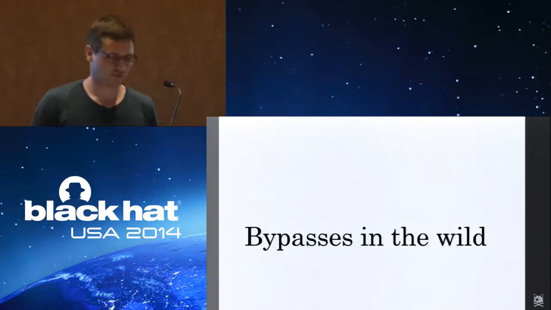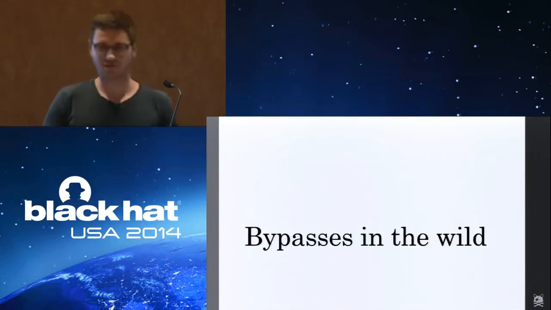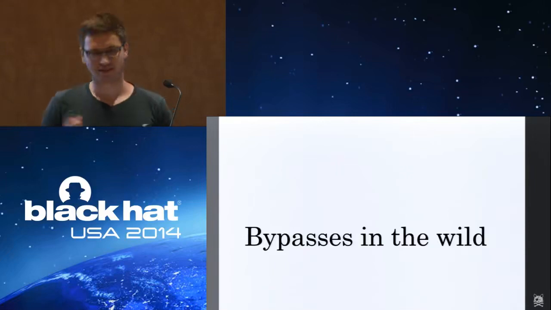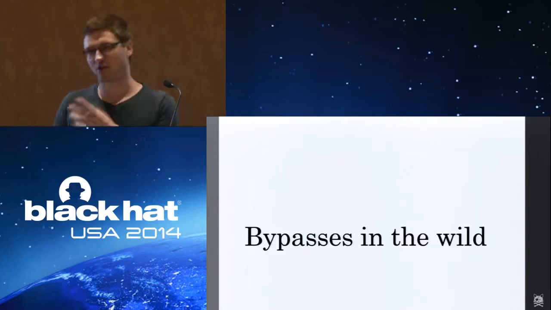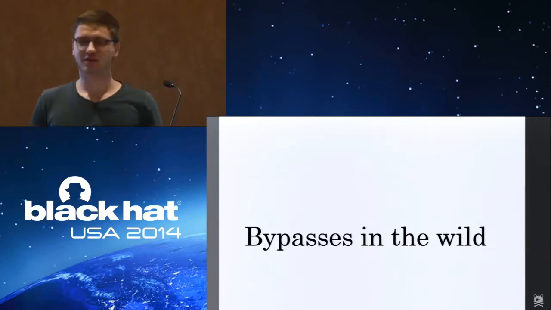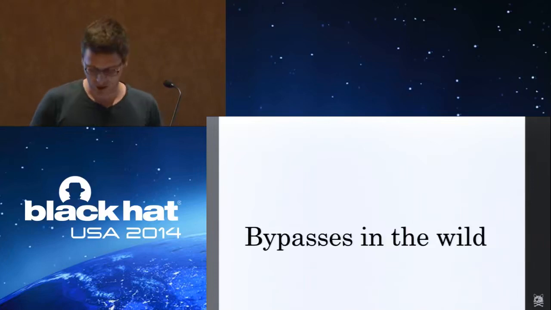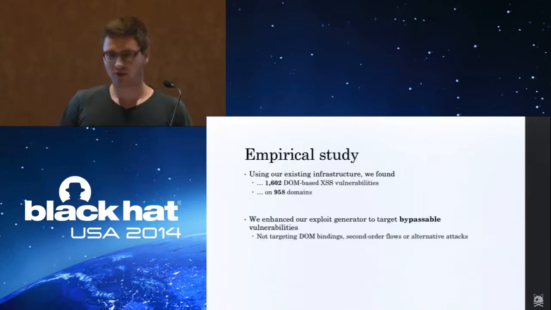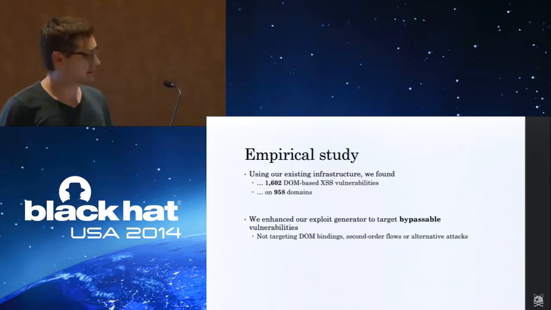Okay, so now I've talked to you about those bypasses that we found and showed you how we were able to exploit them. Having gathered this knowledge, this set of vulnerabilities and the knowledge about the auditor's internal workings, we went ahead, and since we're from academia, we do empirical studies all the time.